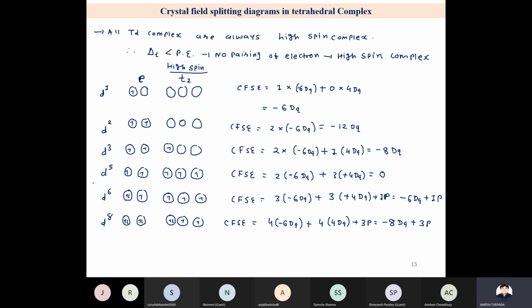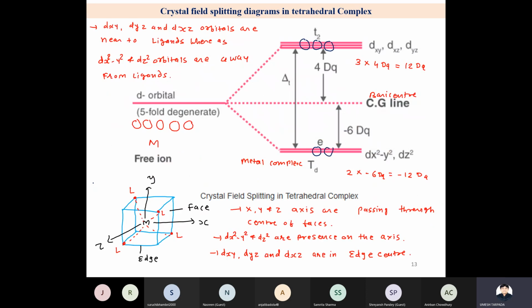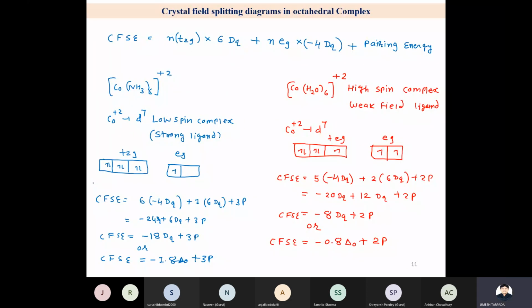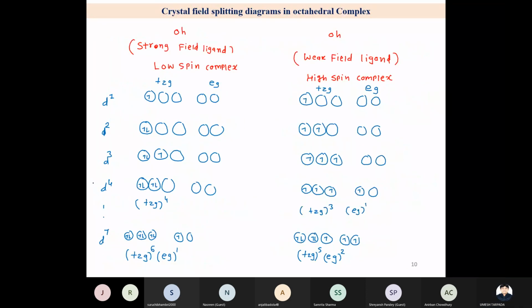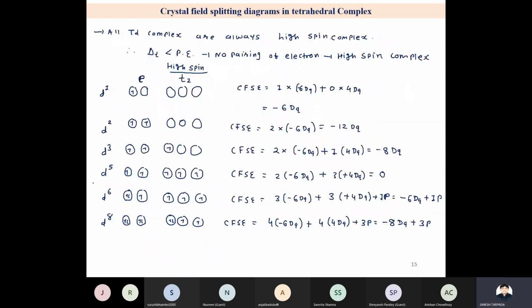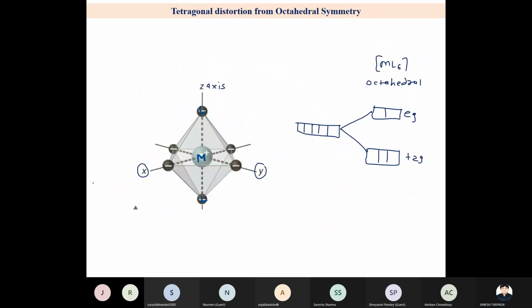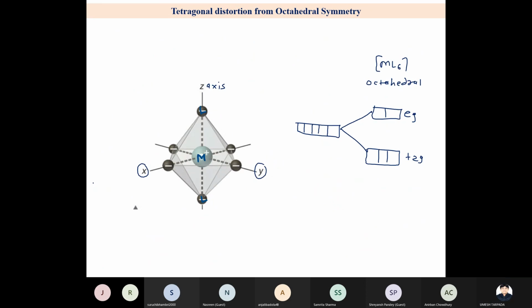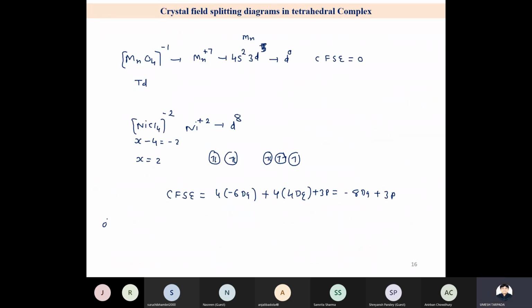This is the case of high spin complex. You can go for low spin octahedral. This is the low spin octahedral. Remember, you can do calculation of crystal field stabilization energy for d6. So d6 octahedral, what happens?